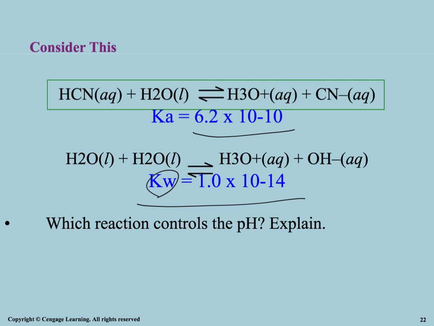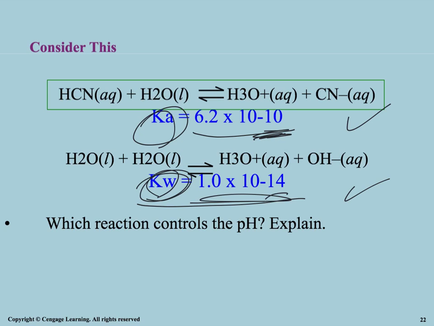So we're going to compare this, which is the products over the reactants, compared to this, which is the products over the reactants, the whole entire number, 1.0 times 10 to the negative 10, or negative 14. Which reaction controls the pH? Is it this one or this one? Top or bottom? Top one. It's higher or greater in number than water.